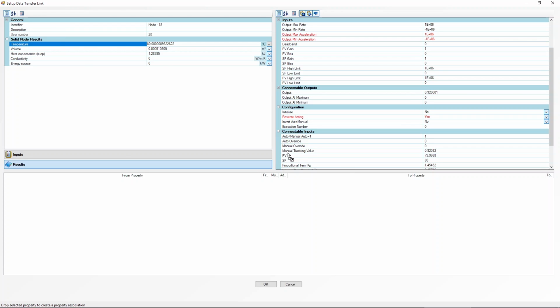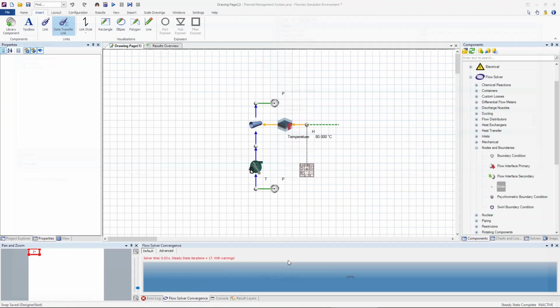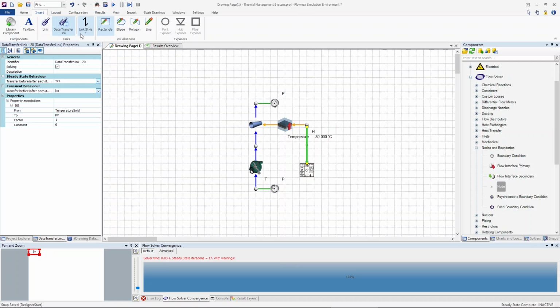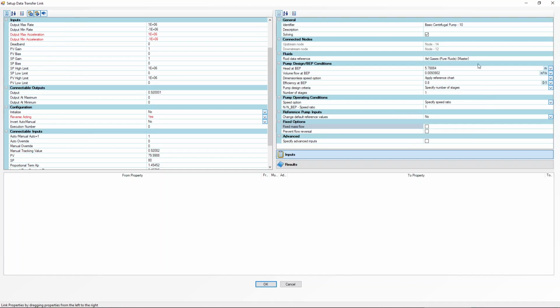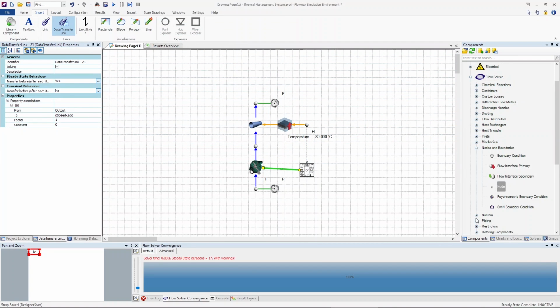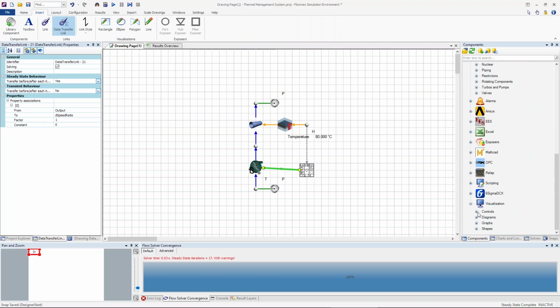process value. We can just drag it in here, and then we want to drag in the output to control the speed ratio. So essentially the output will be dragged to the speed ratio, and then lastly we can graph the results that is necessary.